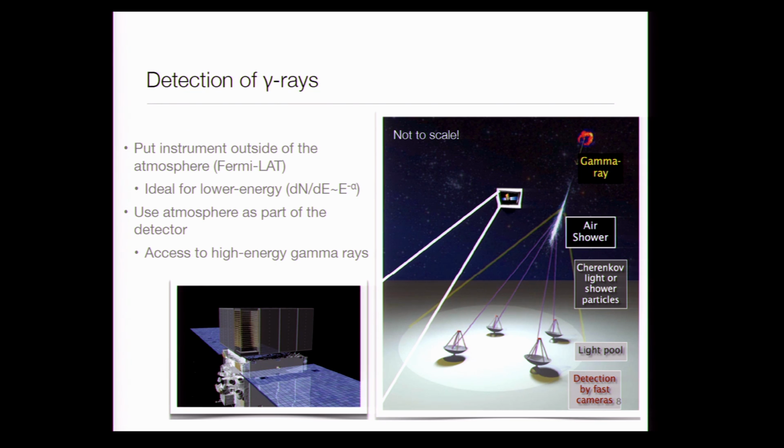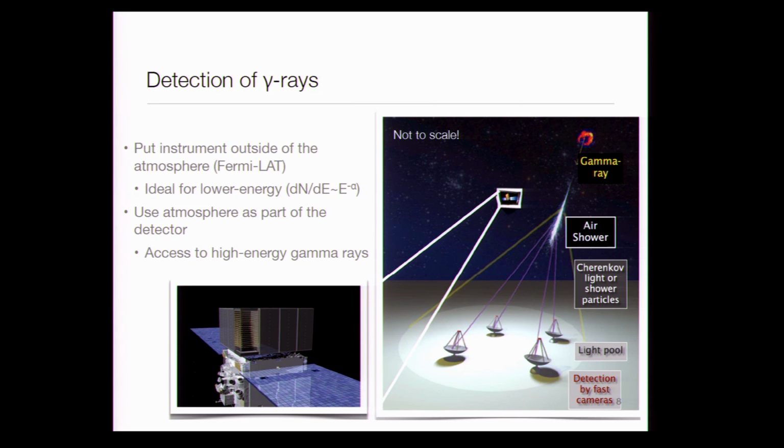And the idea here is that the gamma ray comes in, enters the atmosphere, pair produces in the atmosphere, interacts with the atmosphere to produce a particle shower, just like in your particle detector, and the charged particles in this shower move faster than the speed of light in the medium, and thereby emit Cherenkov light, which is optical light, that you can then see on the ground if you have telescopes with big mirrors, and you have cameras that can give you an idea about the light distribution of the air shower, and therefore the particle distribution of the air shower, and therefore the properties of the primary particle.